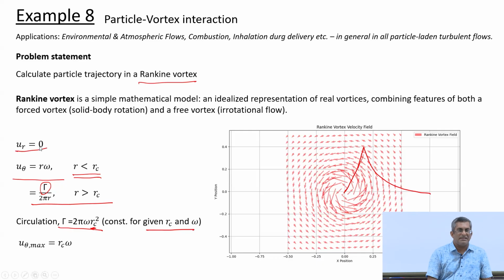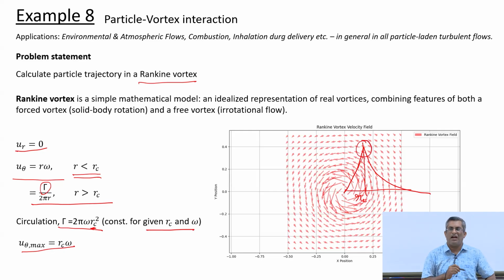However, in this case, the radial component of velocity is 0, and maximum tangential velocity is realized at this radius RC. However, this is only a model. This does not represent reality. Why? Where is the technical problem? If you see, the technical problem lies here.